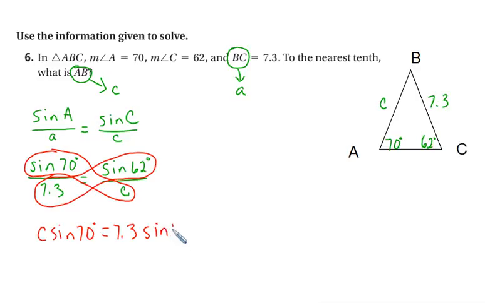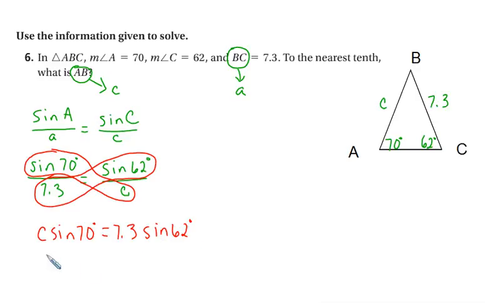Now, when we have a length like this multiplied by the sine of an angle measure, we're always going to put that in the front, just like we did the problems in the last section. Because if we put it after 62, it could look like we're multiplying 62 degrees by 7.3 instead of 7.3 times sine of 62 degrees.